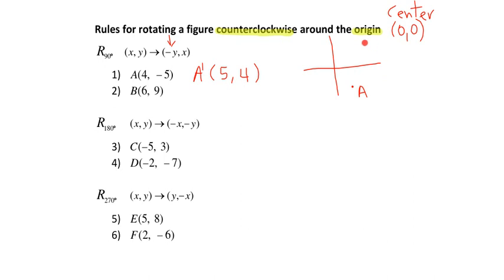So it's going to come somewhere over here. And if we look at this one, that is actually here. That is 5, 4. So it's going to be somewhere over there. And that's going to be A prime.